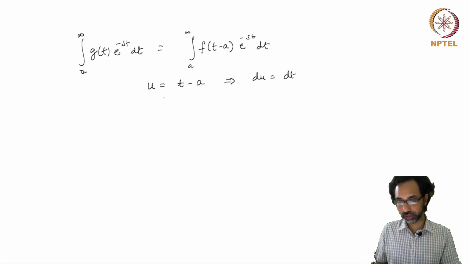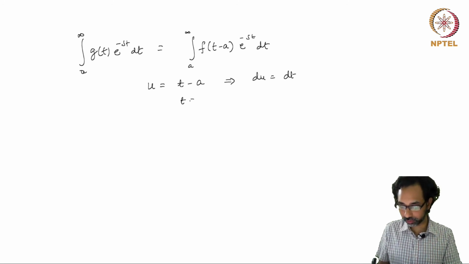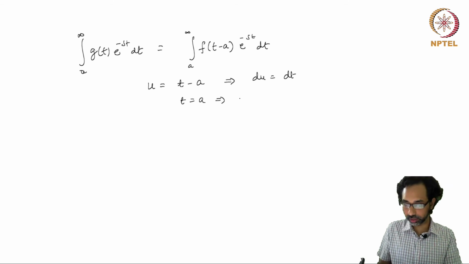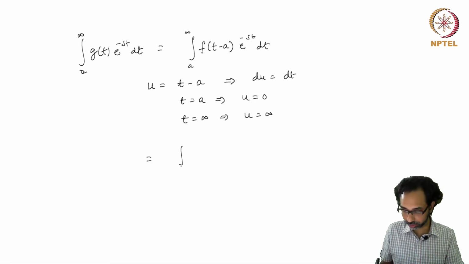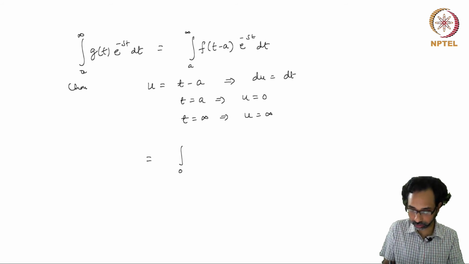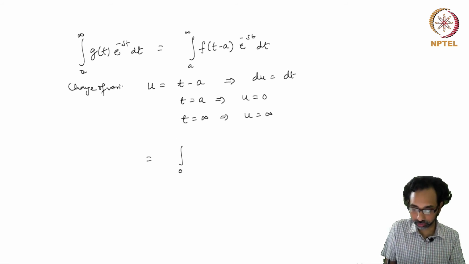Let's see what the limits of integration are. When t equals a, u equals 0, and when t equals infinity, u equals infinity. So we can write this integral after the change of variables.